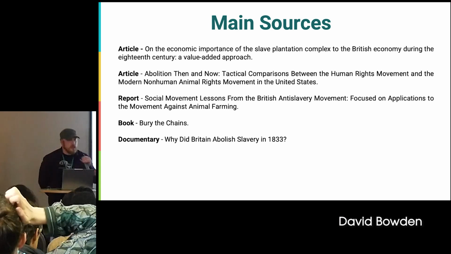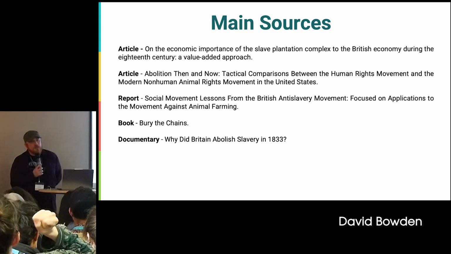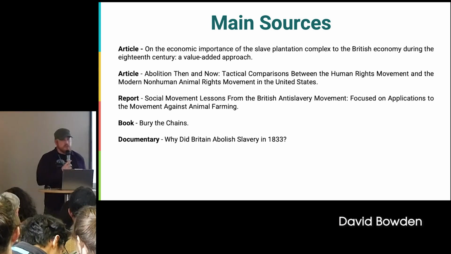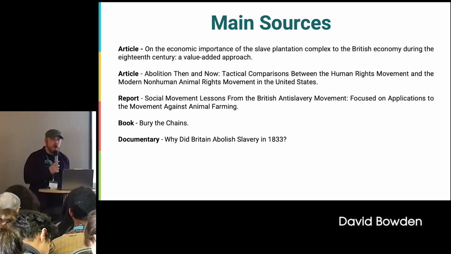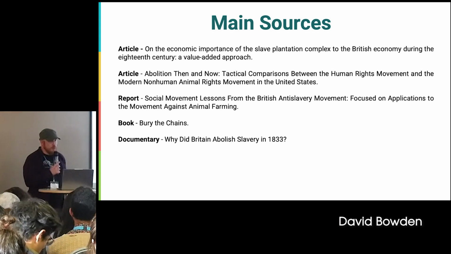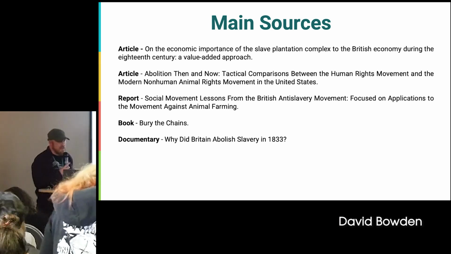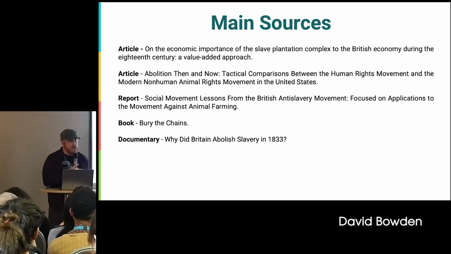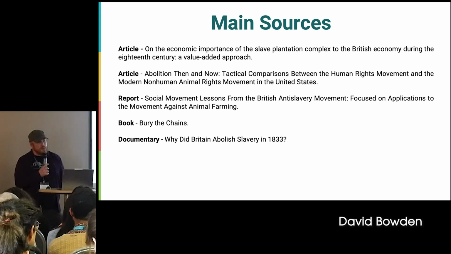I think they didn't play as much of a key role, but part of that is they weren't enforced very well, because at the time the colonial legislators had a lot of autonomy to ignore laws from the British Parliament.